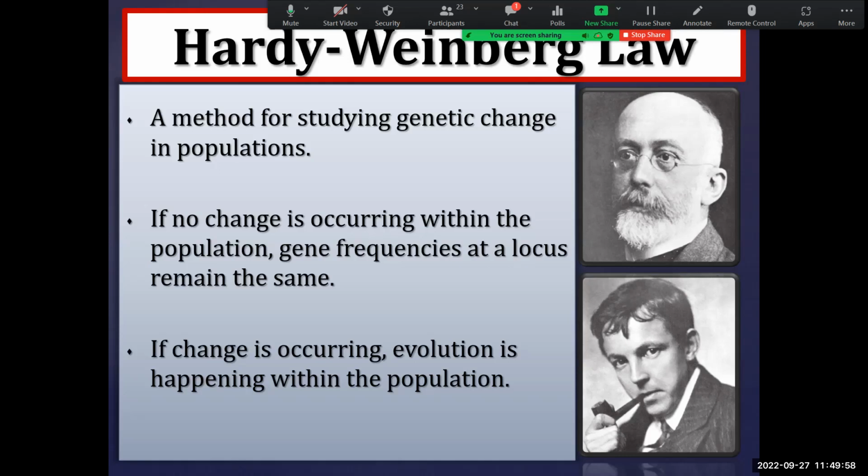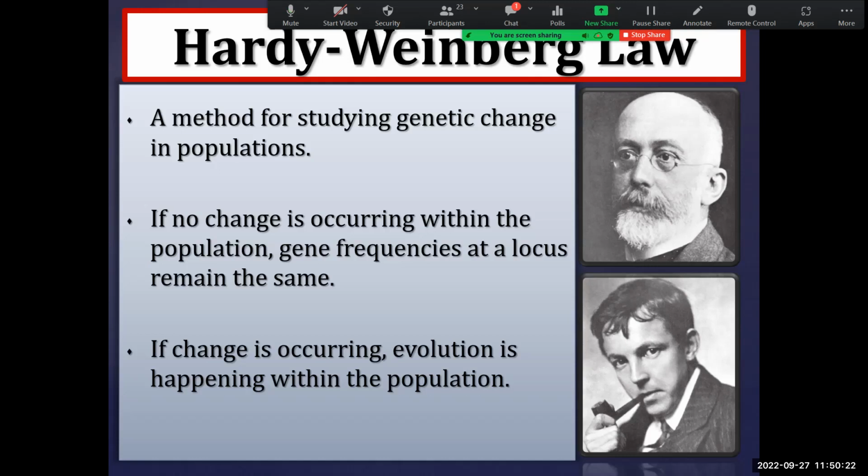This is a method for studying genetic change within a population, because remember, evolution is essentially fluctuations in gene frequencies from generation to generation. And we know that if no change is occurring within that population, gene frequencies at a locus will remain the same. So some of that terminology from chapter 2 and chapter 3 is starting to come back.